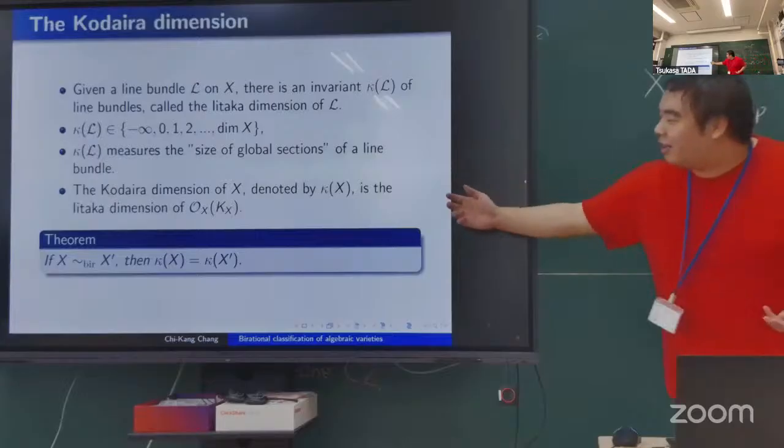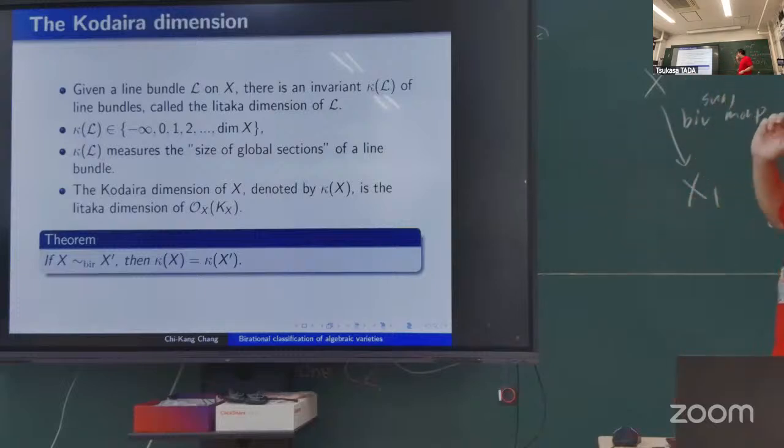We say this number is the Kodaira dimension. So another way to realize the Kodaira dimension is by how many global sections this sheaf has after taking self-tensor powers.